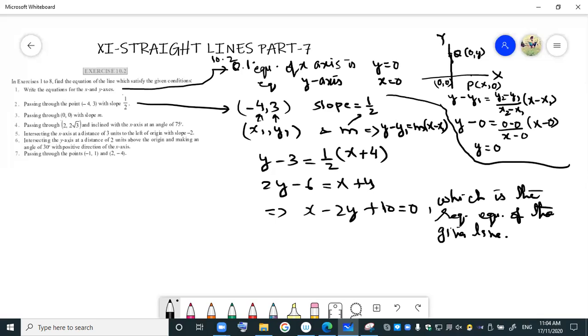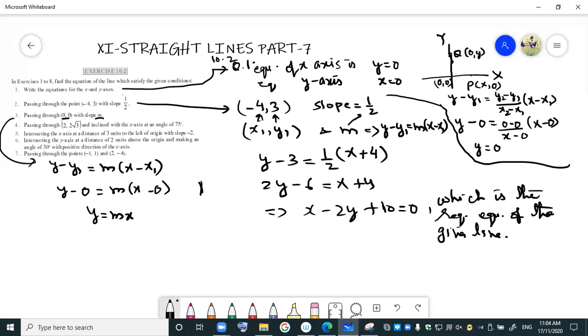Same thing is in question number 3 also. We have (x1, y1) and slope m. So apply the formula y minus y1 equals m times (x minus x1). Here x1, y1 are 0, so y minus 0 equals m times (x minus 0), so y is equal to mx. This is the case when the line is passing through the origin.